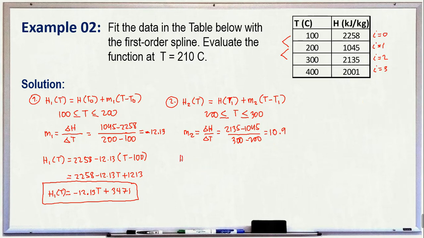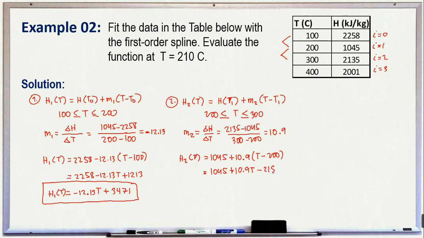Okay, so our h2 of t equals h of t1, which is 1045, plus 10.9 multiplied by t minus our t1, which is 200. Simplifying, 1045 plus 10.9t minus 200 times 10.9, that is 2180.